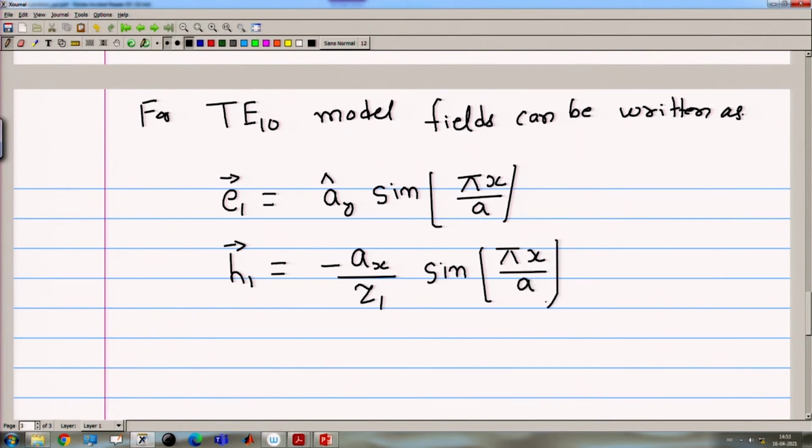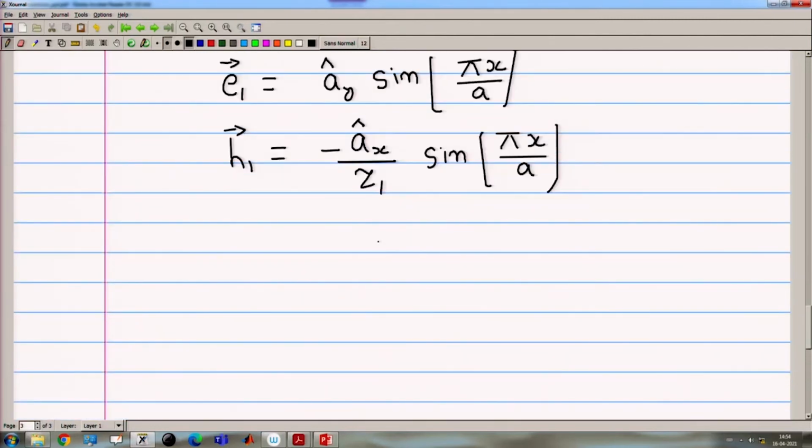So, this is the transverse component of the magnetic field. The electric field is in the y direction and the magnetic field has an x component. So, this is the y component of the electric field and this is the x component of the magnetic field. So, H1 is equal to minus a x by z1 sin pi x by a, where z1 is the TE10 wave impedance.